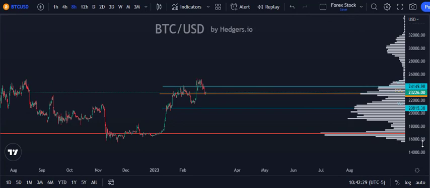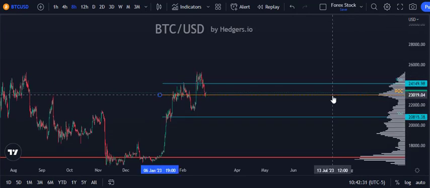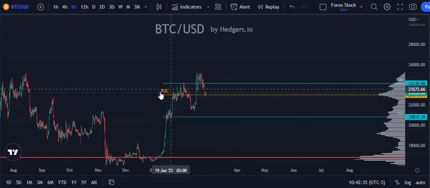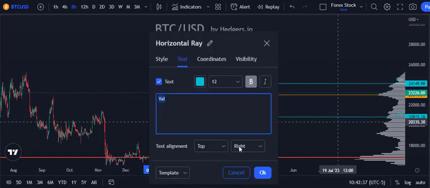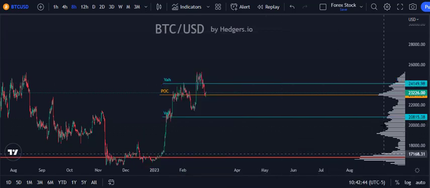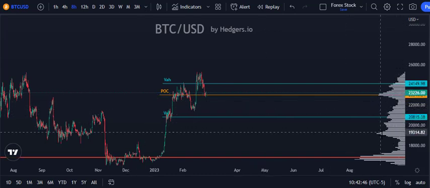And the levels we marked here, let's just put them on the left side right now. All of the levels have already been verified by this aggregated volume profile.